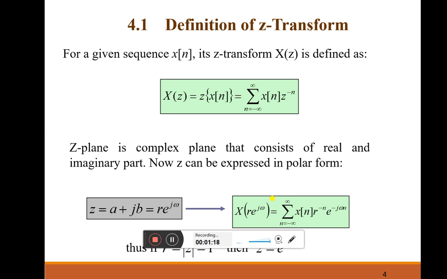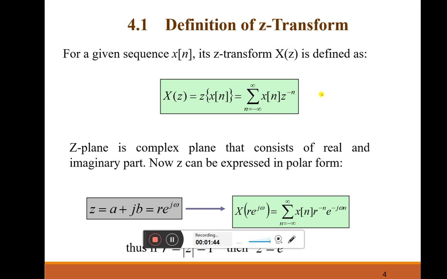So the definition of Z transform is given for a sequence of x[n]. The Z transform is X(z). Okay, so X(z) equals Z{x[n]}, equals to the summation of x[n] times z to the power of negative n.